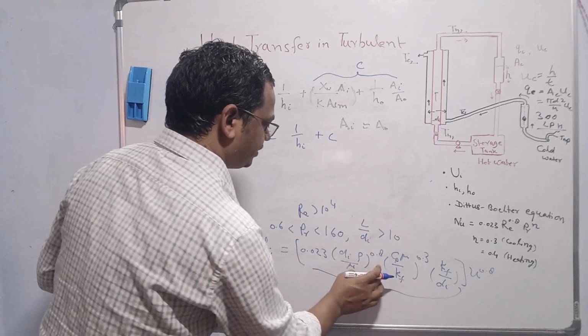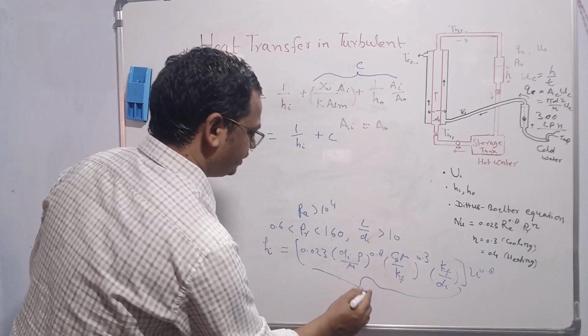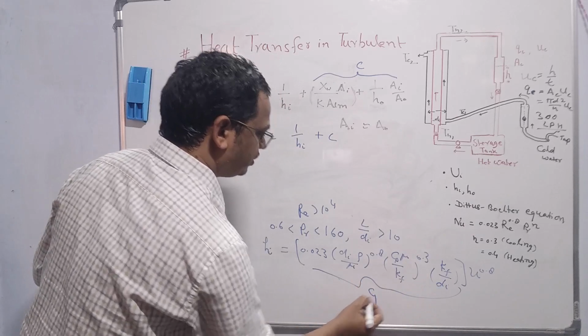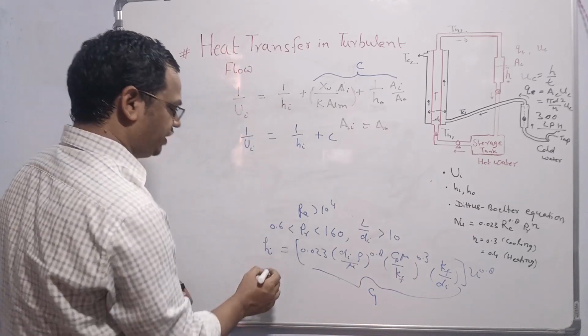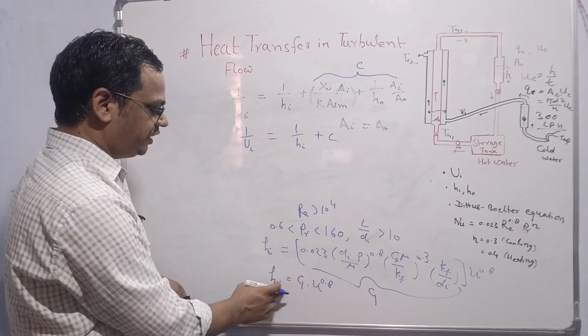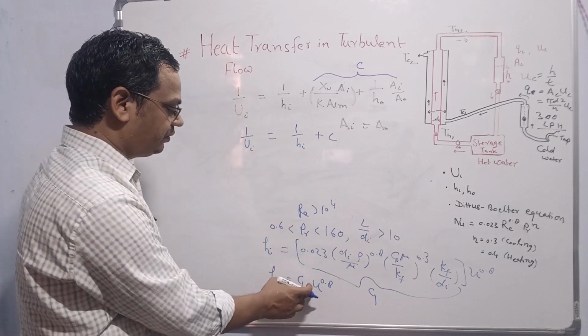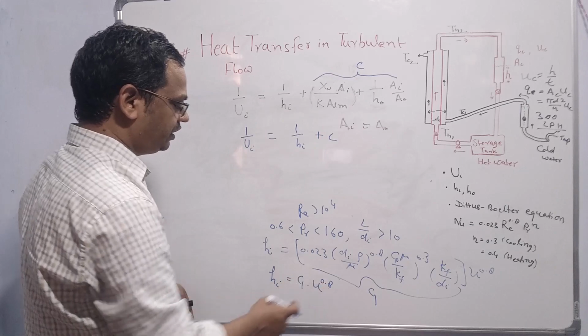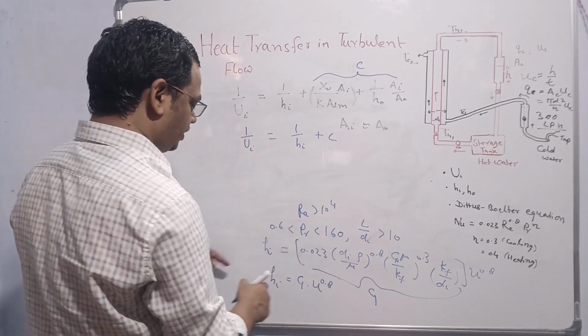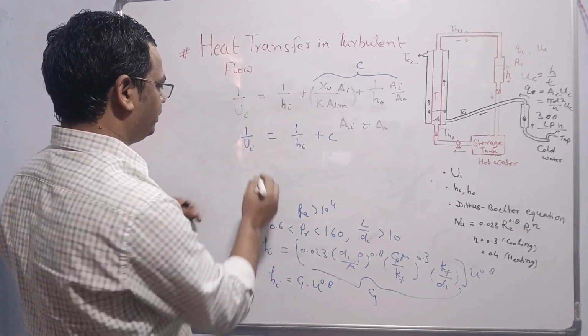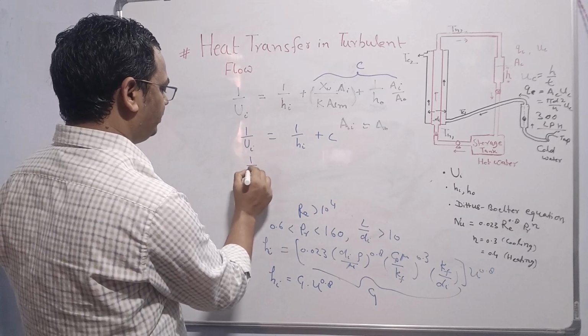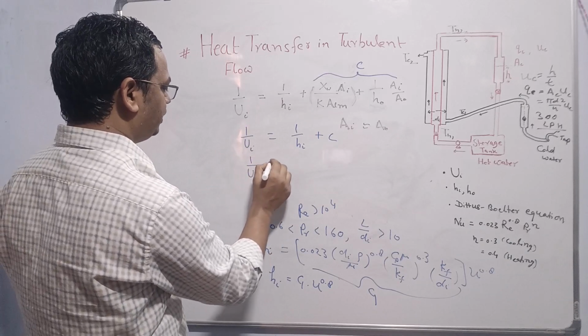Since all parameters are constant, we can consider one single constant, say C1. So we can write hi is equal to C1 into u to the power 0.8. This can be put here. So we will have 1 by Ui.